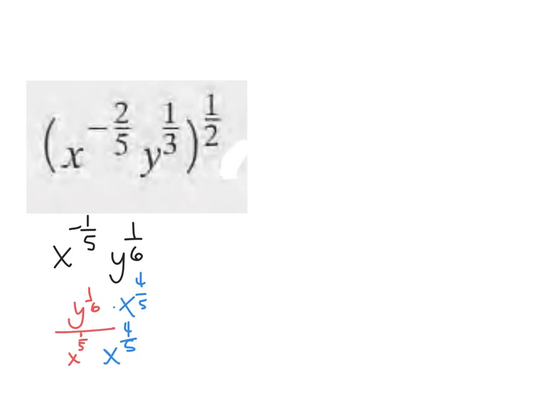Because thinking about our power rules, when I have the same base, I add the powers. And by adding the powers down here, 1/5 plus 4/5, that gives me 1. Which means I will have an x in the denominator without being raised to a fraction, which means I no longer have a radical.